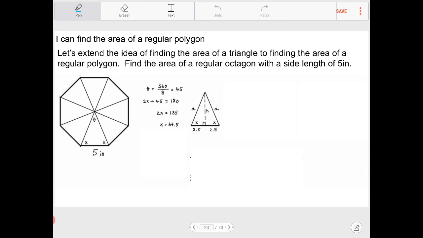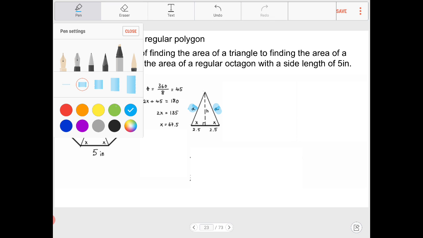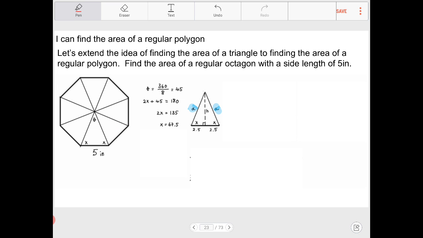And if I were to find the area of this triangle, if I know the two sides, side A and side A, and I already know the included angle, I can apply the formula that we just developed a moment ago. So let's find out what side length A is. Side length A can be found by using a little bit of trig.